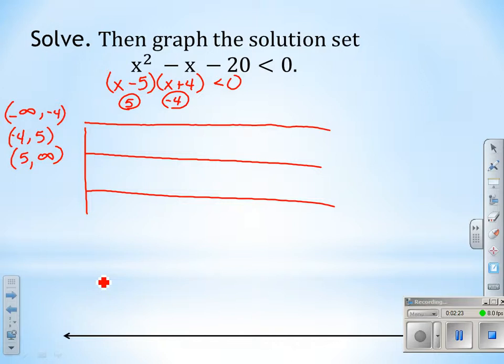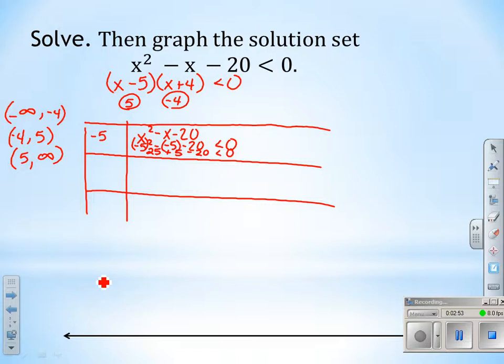So I'm going to put in a negative 5, which, if substituted into our inequality, gives us negative 5 squared minus negative 5 minus 20 less than 0, which is 25 plus 5 minus 20 greater than 0.